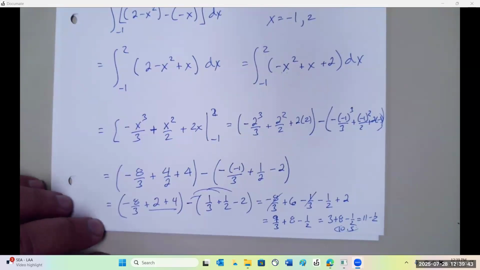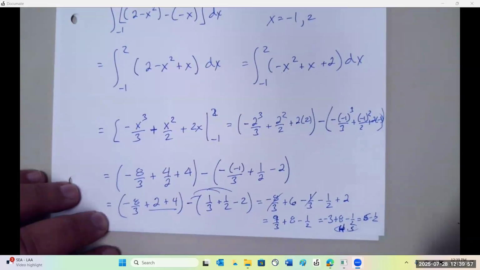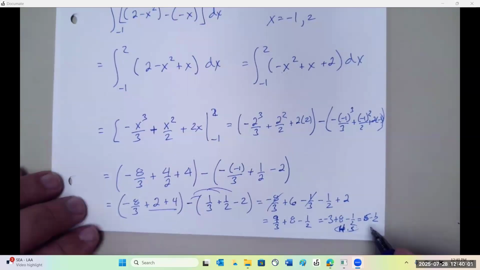It would still be negative 3, so it's 5. 4.5. I don't know, I'm brain dead. Very good. Good catch. It would be 4.5. You have 8 minus 3 is 5, minus a half is 4.5.